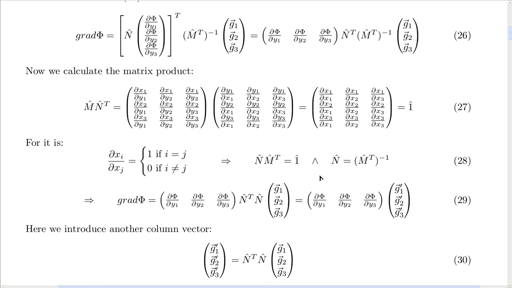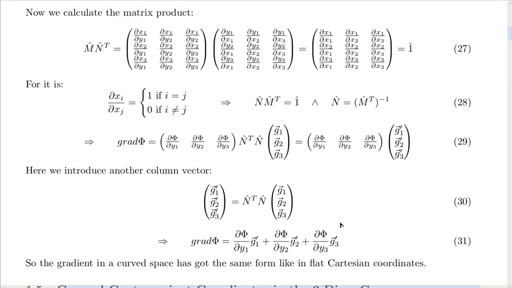So that means we get the unity matrix, and so we can multiply this with the inverse of M transposed from the right hand side, and then we have N is equal to M transposed to the power minus 1, and so we can write instead of this M transposed minus 1 here N.